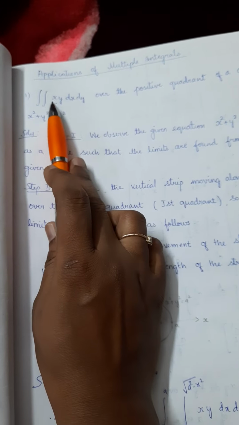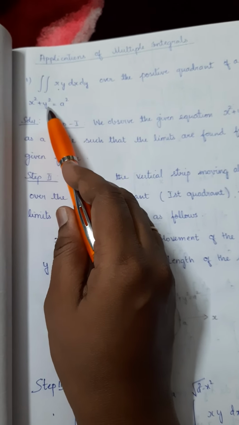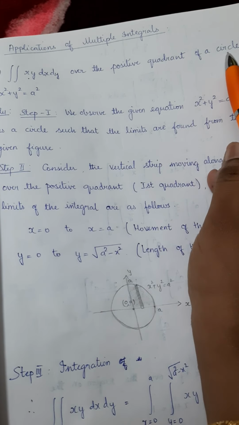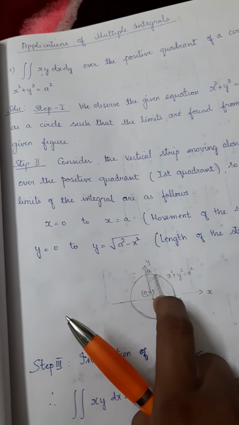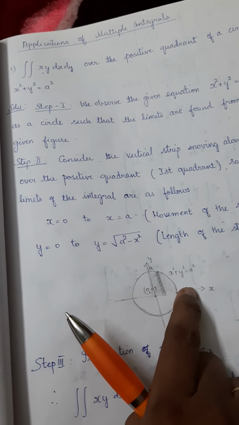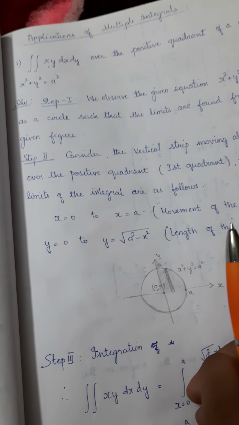So whenever the limits are not direct, and instead a constraint is given to us, the procedure is: step 1, observe the given figure. Step 2, draw the figure, consider a strip in it such that the strip is made to move horizontally if it is a vertical strip, or vertically if it is a horizontal strip.